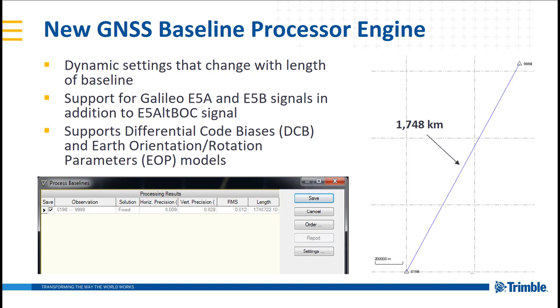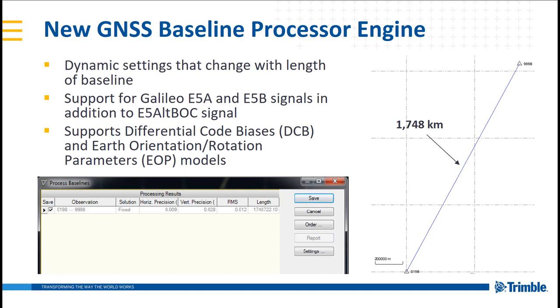This enhancement and new tool also has support for Galileo E5A and E5B signals, in addition to the E5 Alt-BOC signal. We now also support differential code biases and Earth orientation, Earth rotation parameters, EOP models.